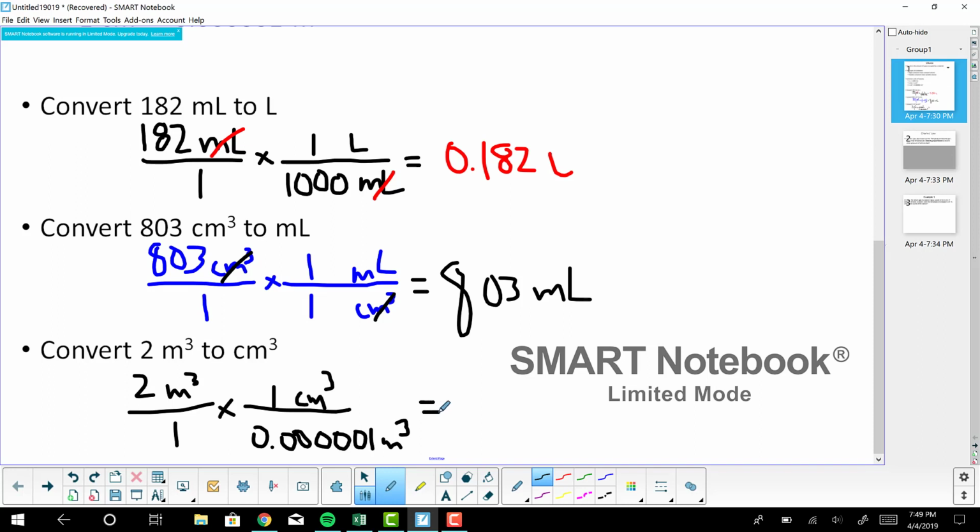Now when you go to type that into your calculator, be very careful that you have the right number of zeros. But what you'll end up getting is 2 million centimeters cubed.